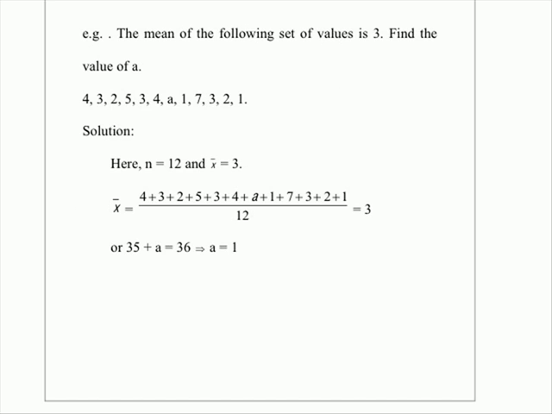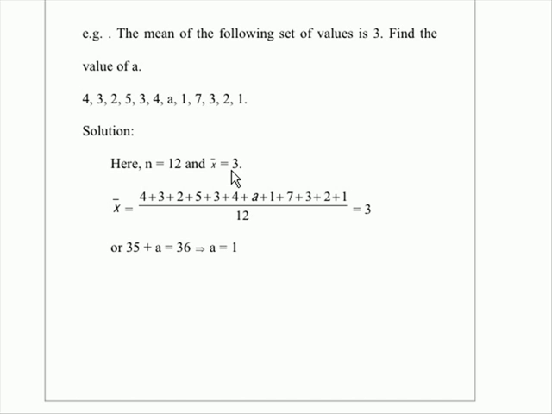So let's have a quick look at a simple example to consolidate our concept of the mean. So the mean of the following set of values is 3. Find the value of a here. So what you do is using our formula, or it's quite commonsensical.